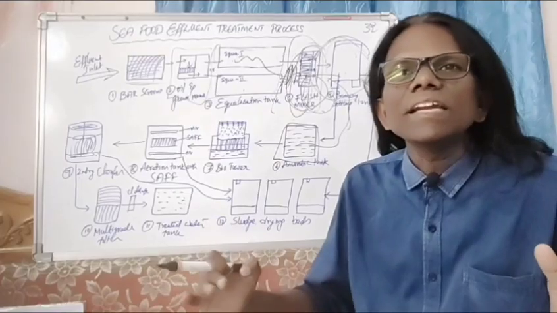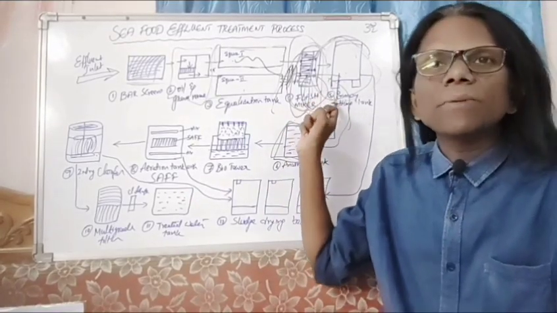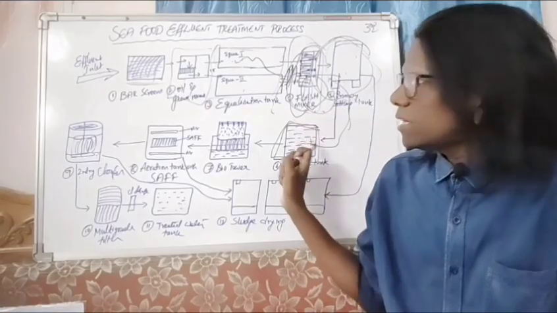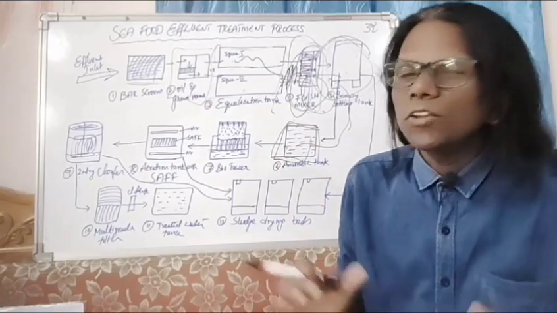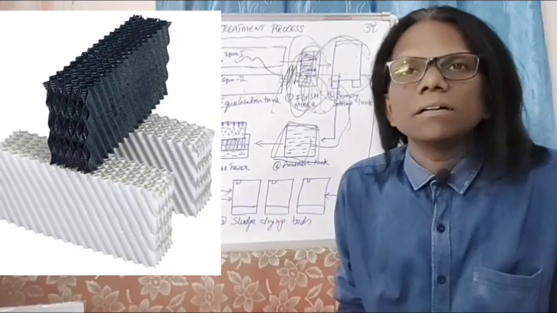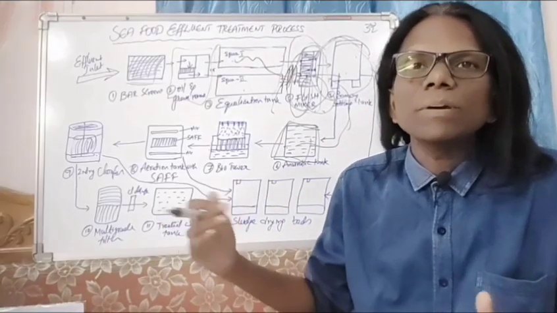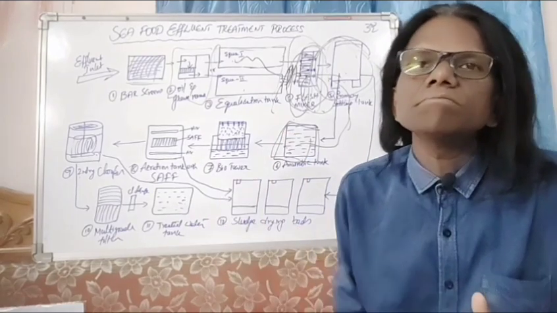Now the next step: after the primary settling tank, the effluent water goes to the anaerobic tank or anaerobic degradation process. The effluent from the primary clarifier goes to the anaerobic tank. In the anaerobic tank we have to put PVC biomedia. The PVC film contains biomedia, meaning microbial flora embedded in the PVC biofilm.